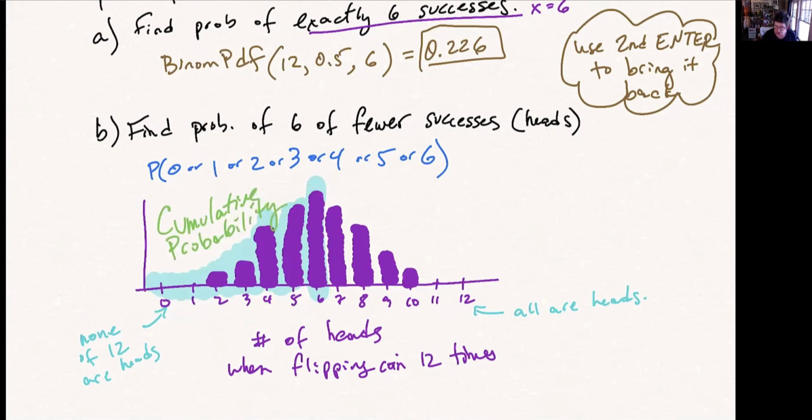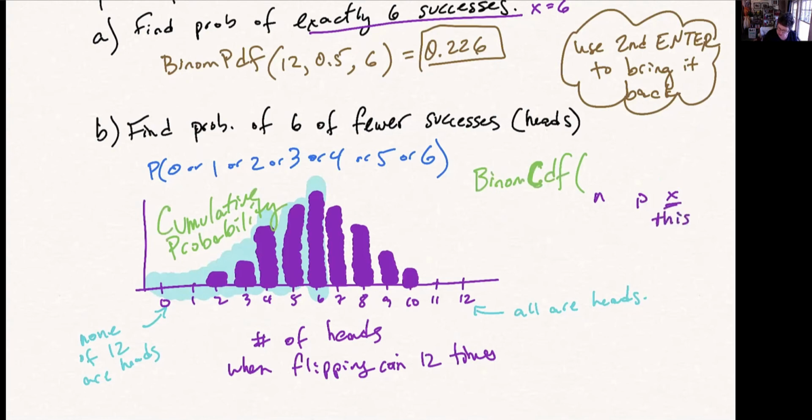Now we start using the binom CDF, where everything is the same, I'm still going to do N, P, and X. But now with this cumulative probability, whatever value I put for X, it's finding the probability of being here or fewer. So this number here is always included.